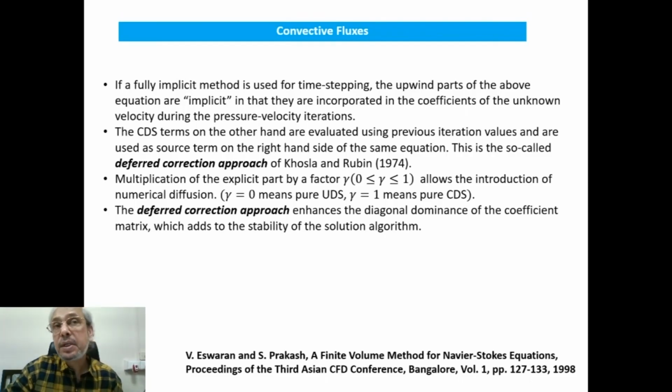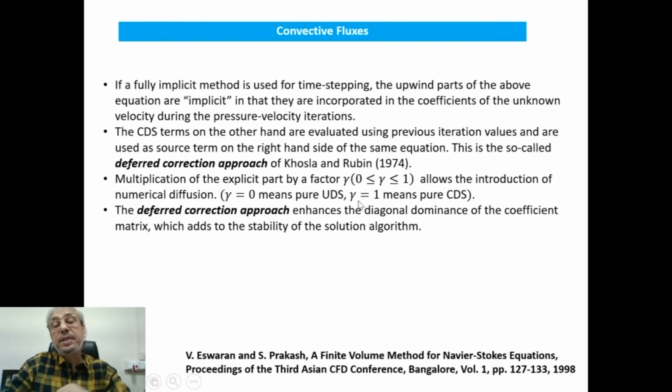When it was tilting towards 1, it was shifting towards upwind difference. Here it is just little different. When gamma is 0, it is upwind difference, pure first order upwind, and gamma equal to 1 is pure central difference, second order central difference.